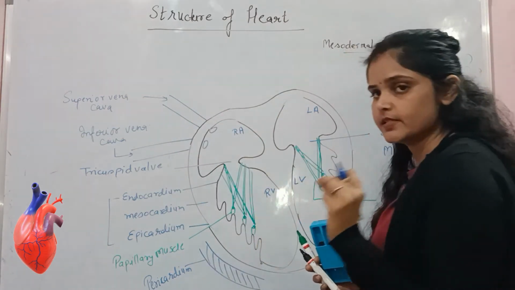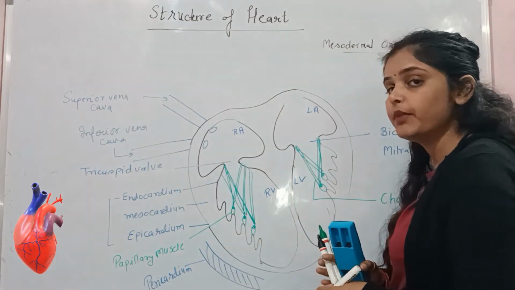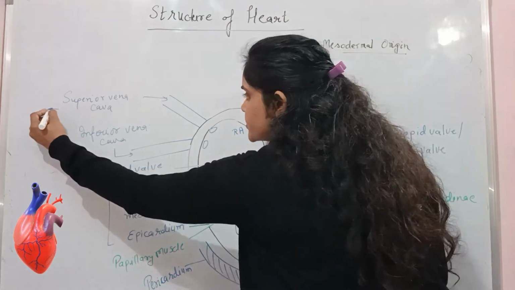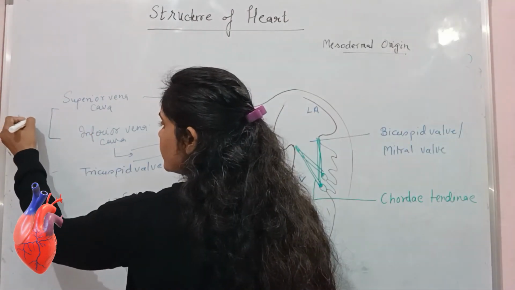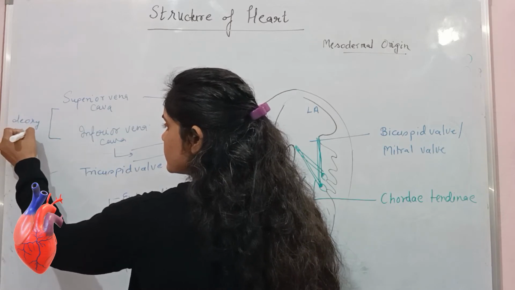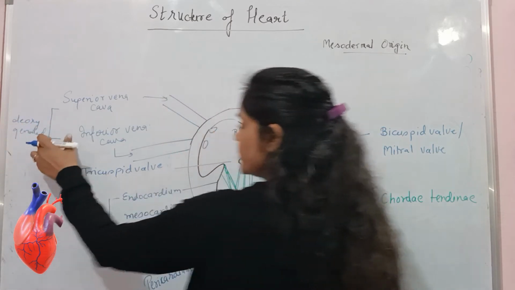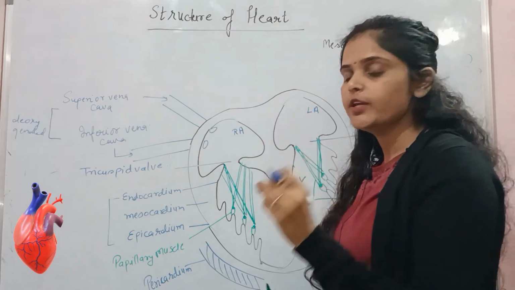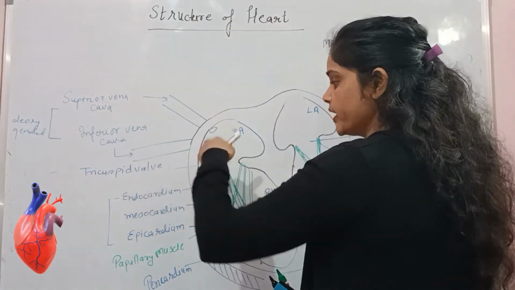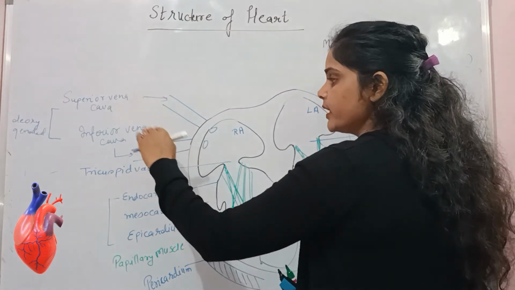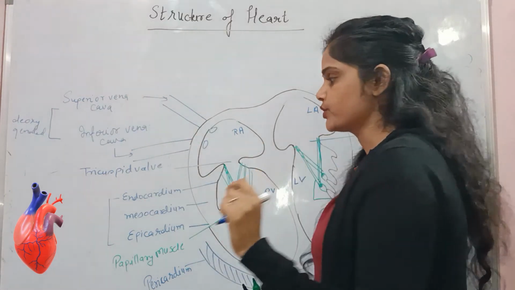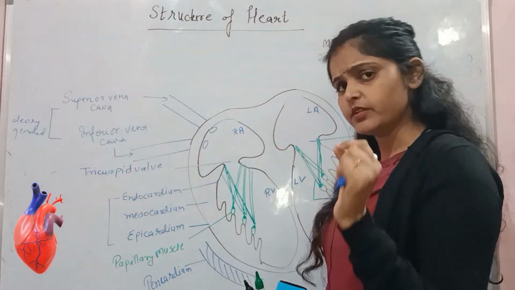These two vessels are bringing deoxygenated blood from the body into this right atrium.